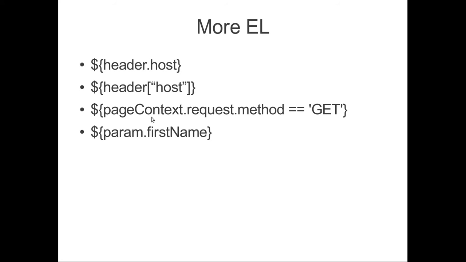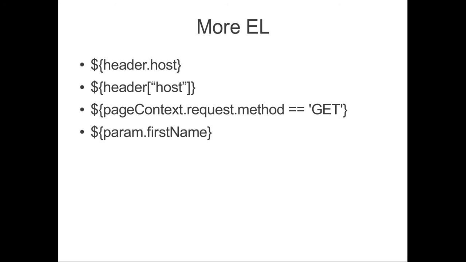So here's a cute little test of, in our JSP, are we doing a get? Remember, with JSPs, both the get and the post get funneled into the same page, and typically we would be emitting the same content.